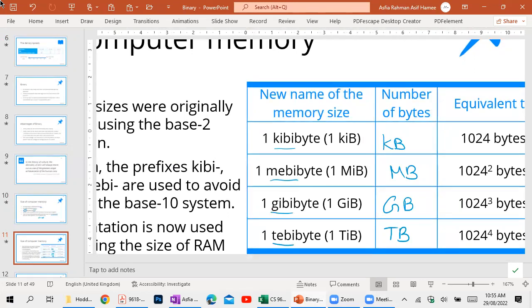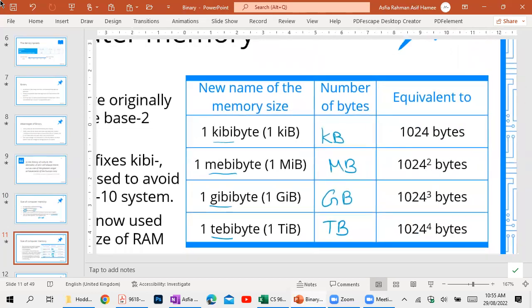I know they are very weird names, but why are these different? Because it is equivalent to, again, powers of 2: 1024, 1024 power 2, 1024 power 3, and 1024 power 4.